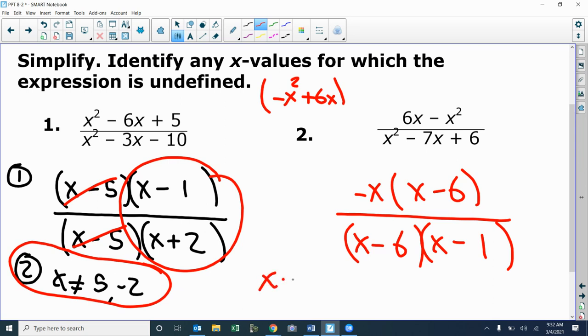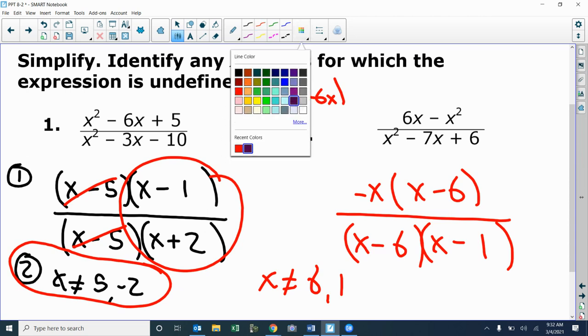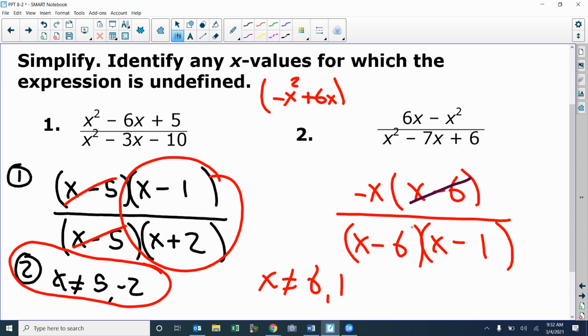X cannot be positive 6 or positive 1. And now we're ready to do a little canceling. Those guys there. So we're just left with negative x over x minus 1. Don't try to cancel those x's there, they don't cancel.